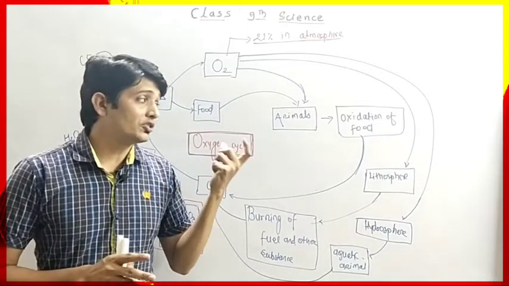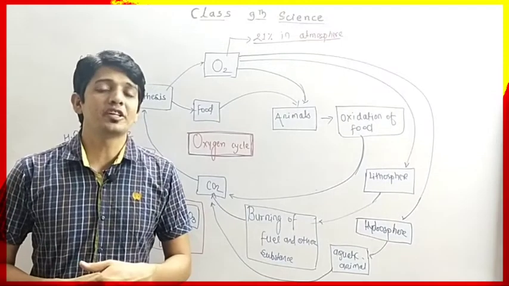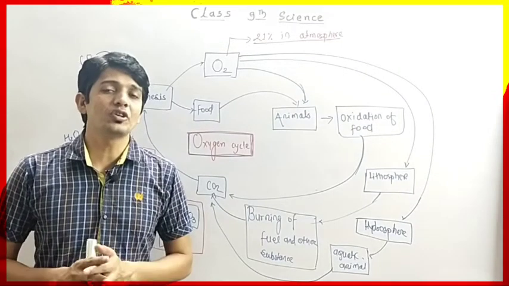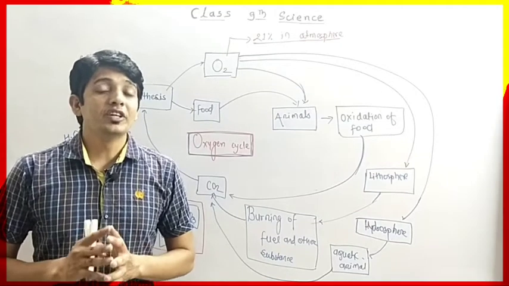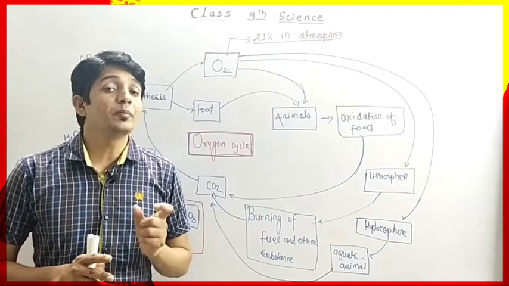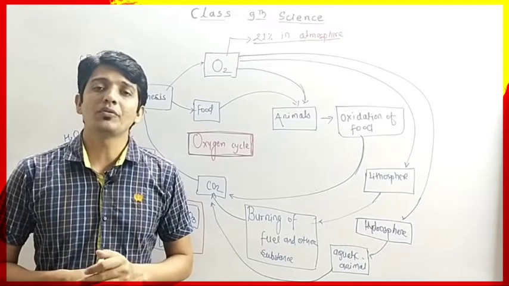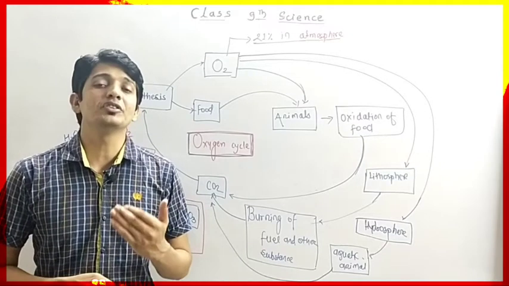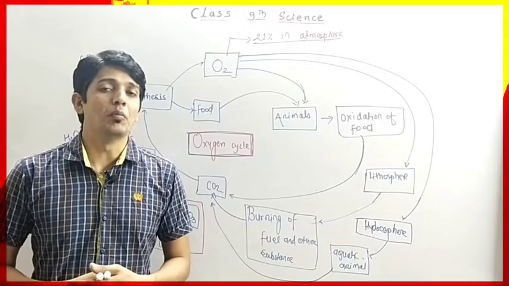This oxygen then undergoes oxidation in cellular respiration, where the oxidation of glucose takes place in the presence of oxygen, which releases a tremendous amount of energy, and that energy is used for the functioning of various processes in our body.